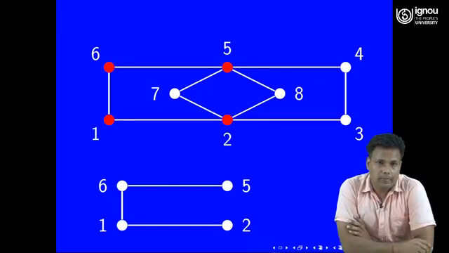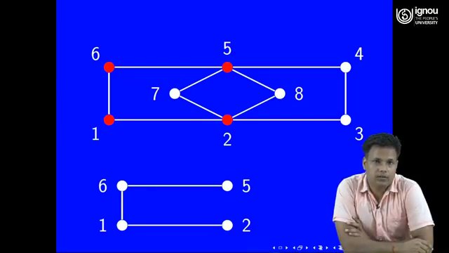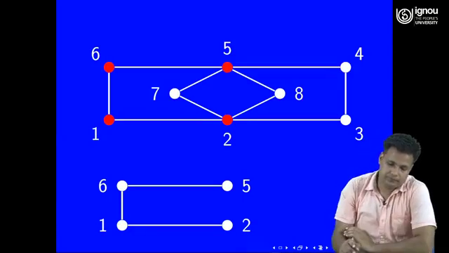Now look at this graph. In this case, we have extracted the portion of the above graph from vertices 2, 1, 6 and 5 and all the edges between them. So this is also a subgraph.